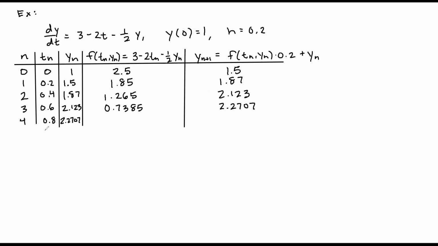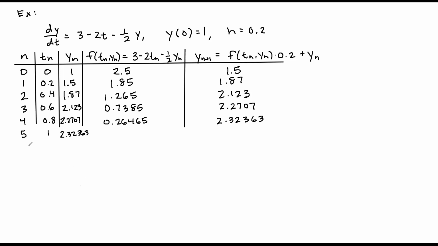Then if you want to figure out the next one, take those, plug them in, you get 0.26465. And then that produces 2.32363. And so when n is 5, we get 1 for t, and we get 2.32363. And then we're going to stop there.